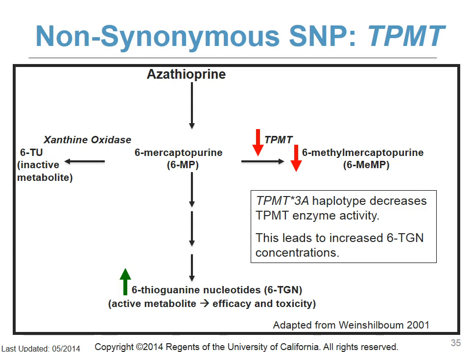Consequently, more of the prodrug is diverted to the other pathways, one of which converts it to the active metabolite 6-thioguanine nucleotides. By this mechanism, the polymorphism leads to an increase in 6-TGN concentrations, increasing the risk for thiopurine toxicity despite standard doses. The take-home message is that standard doses may not be appropriate for all patients.